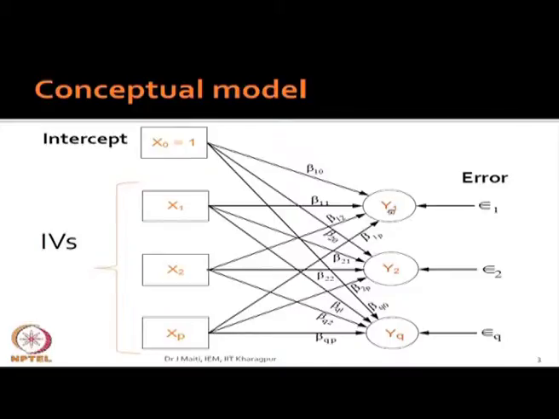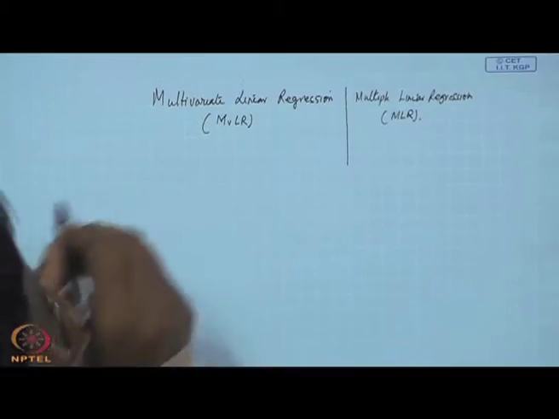We are saying that the variables y1, y2, yq are dependent variables and the variables x1 to xp are independent variables. Now, all the dependent variables starting from y1 to yq are dependent on the same set of independent variables x1 to xp. Okay.